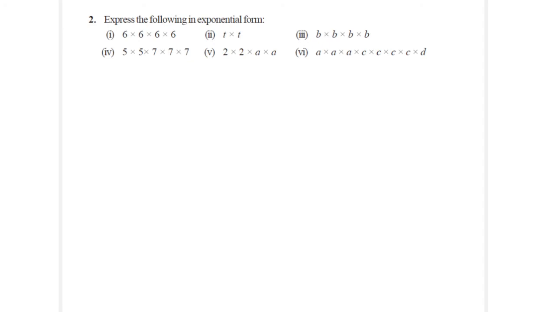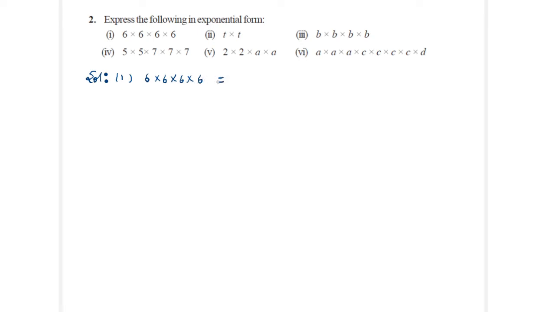Now come to question number 2. Express the following in exponential form. Say first part. It is 6 into 6 into 6 into 6. You have to write in exponential form.